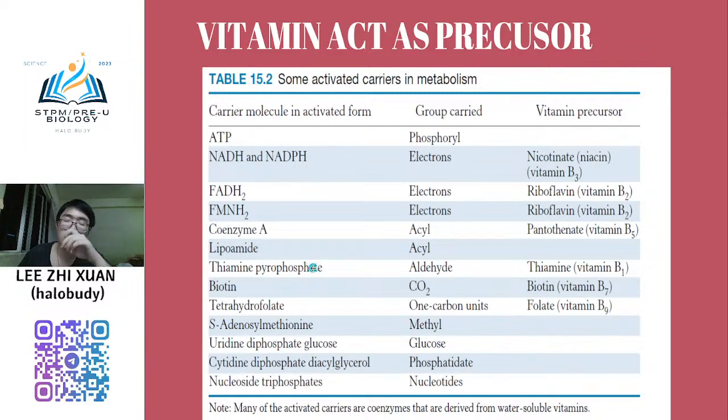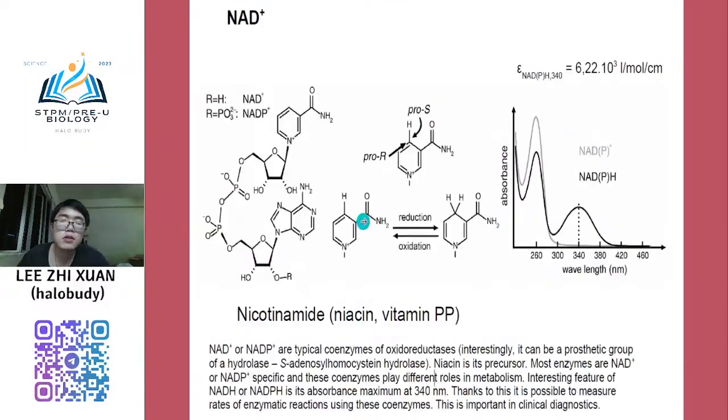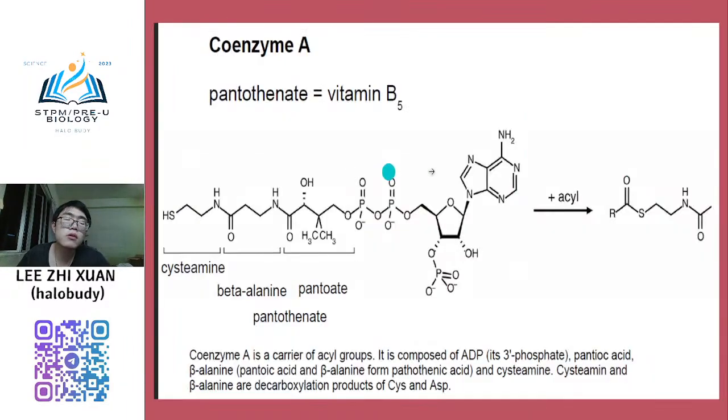The origin of the coenzyme is vitamin B. Many of them, like NADH, FADH, coenzyme A, all come from vitamin B. Okay, so this is the coenzyme.